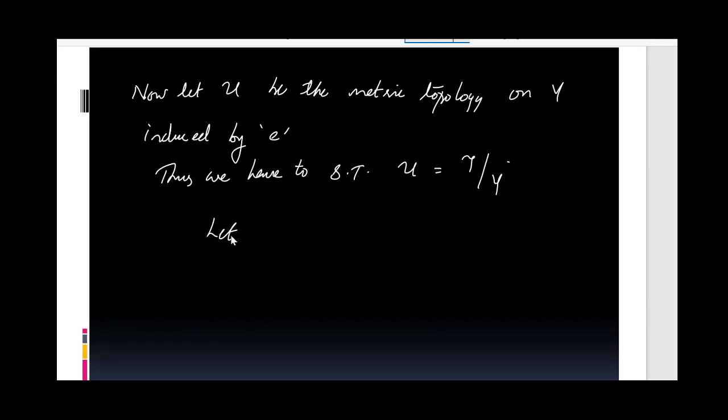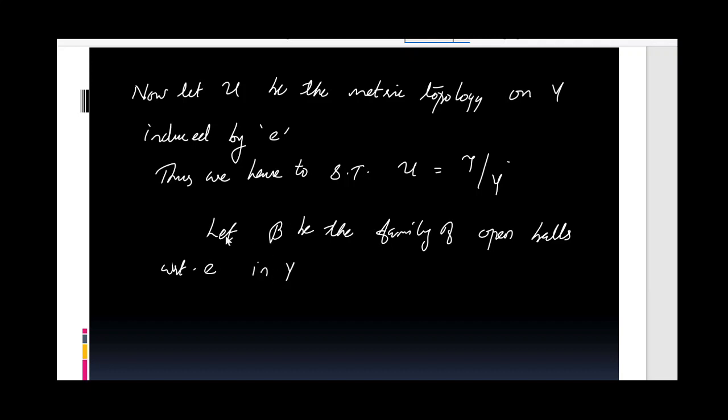Let script B be the family of open balls with respect to E in Y. Then this B is a base for U, because U is the metric topology.